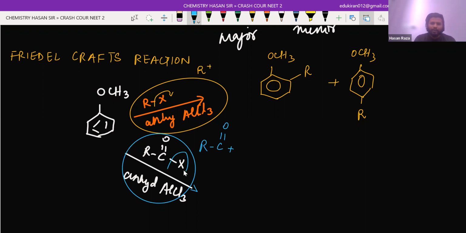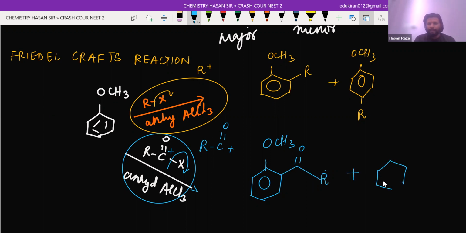Basically, this leaving group will leave and there will be a positive charge here. So this RC double bond O positive will be attacking at ortho, C double bond O CH3, R is there, and para again.